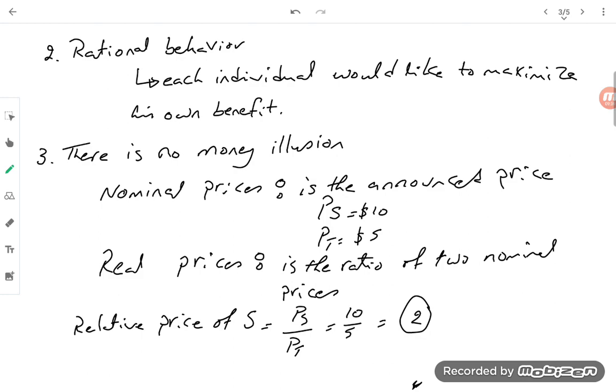So this is the relative price. What about money illusion? If you depend your decision on nominal prices, this means that there is money illusion. But if you depend your decision on relative prices, this means that there is no money illusion.